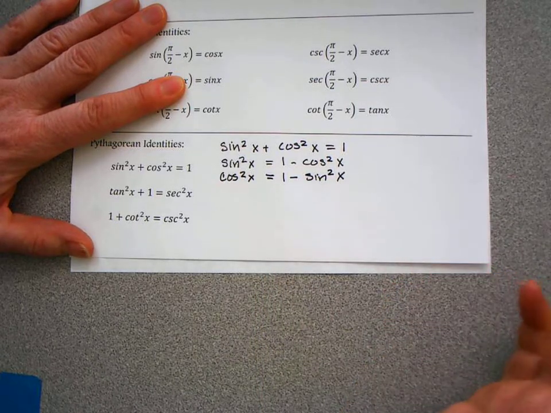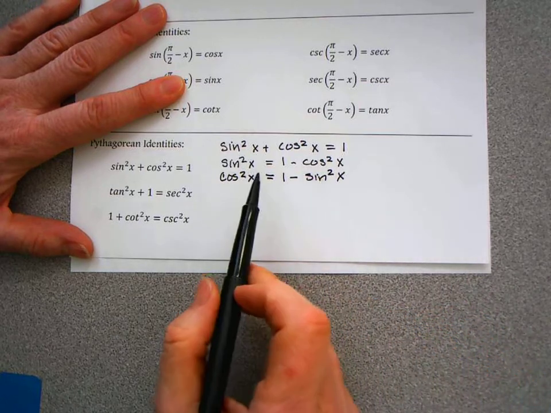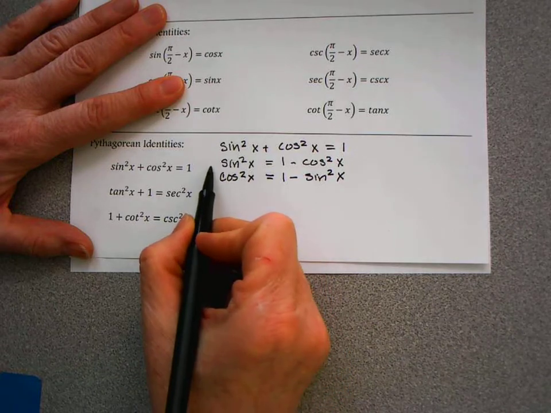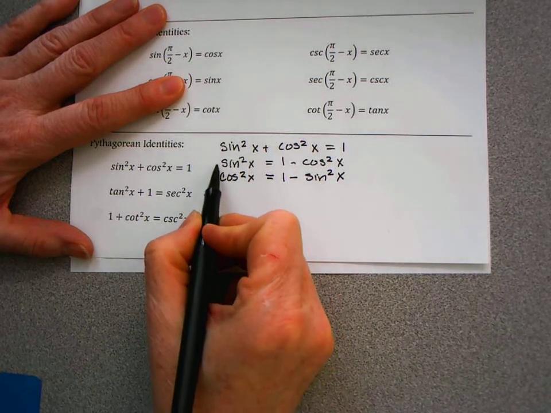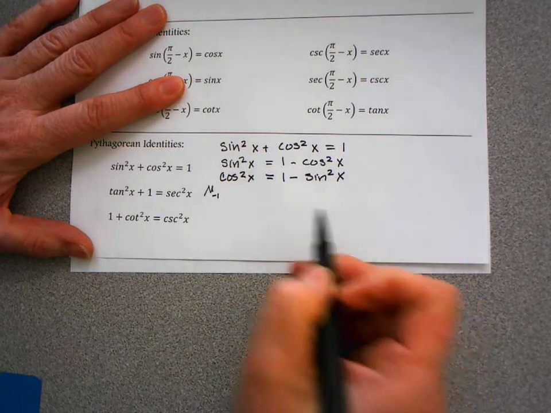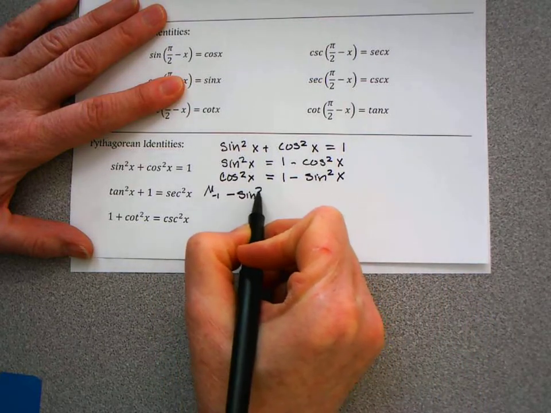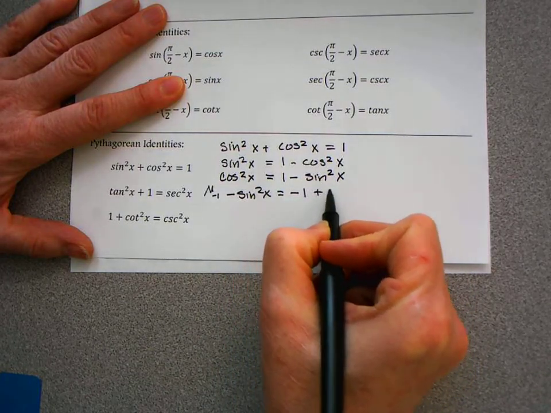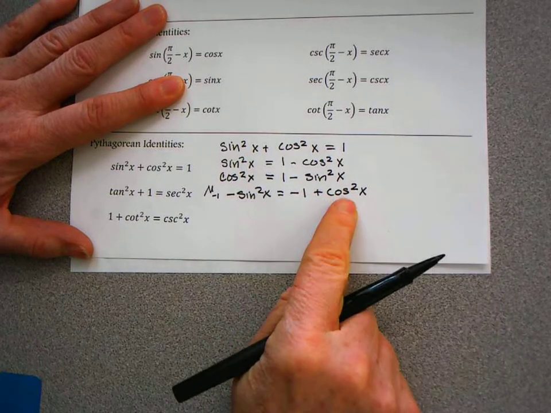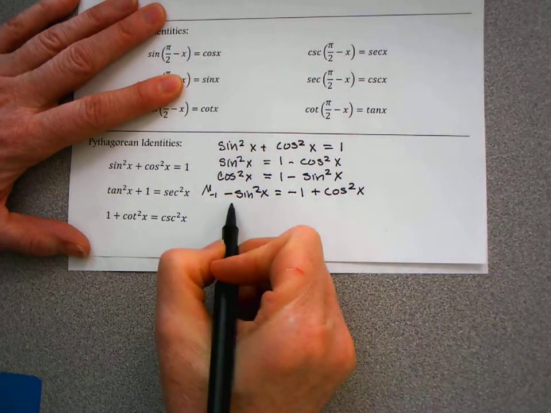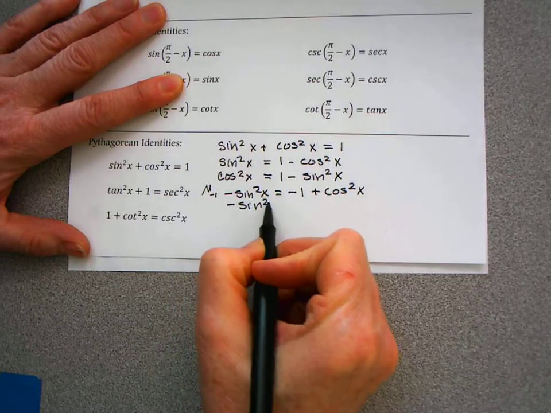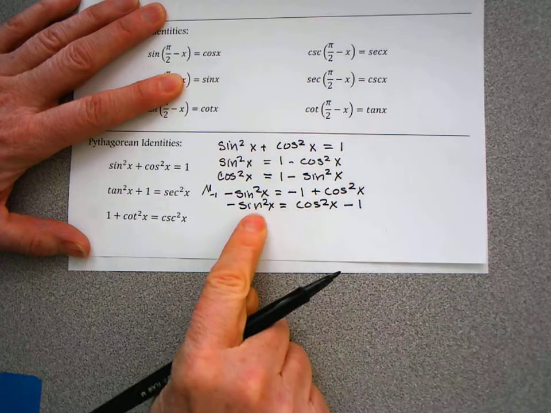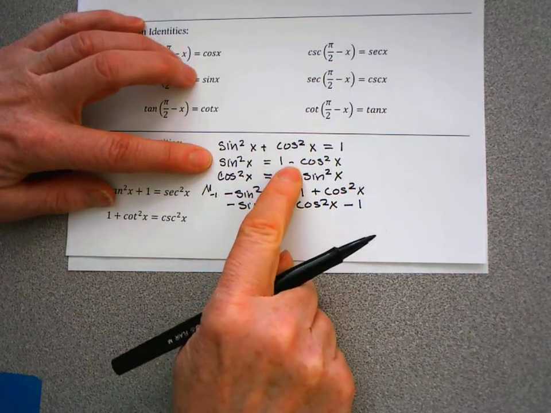The other thing I could do is multiply both sides of this by negative 1. What if I multiplied this equation right here by negative 1? Well, all the signs would change. So I would get negative sine squared of x plus negative cosine squared of x equals negative 1. I could write them in here. So that would be the negative sine squared of x equals cosine squared of x minus 1. So the sine squared of x is 1 minus the cosine squared.